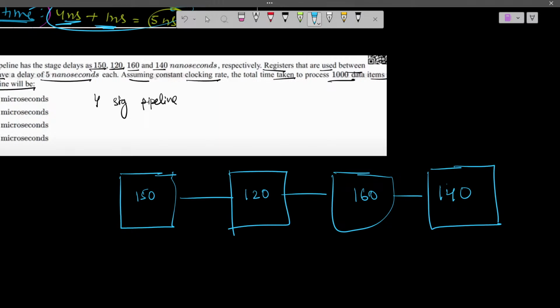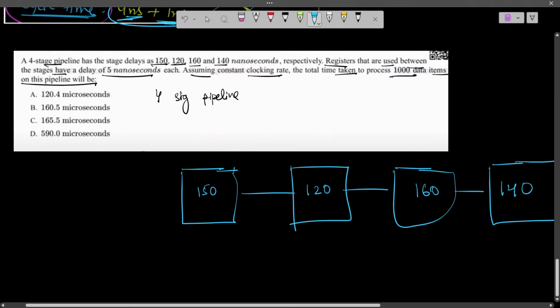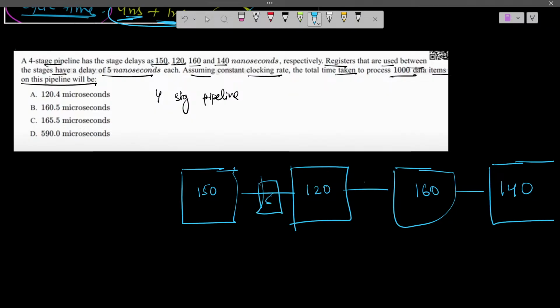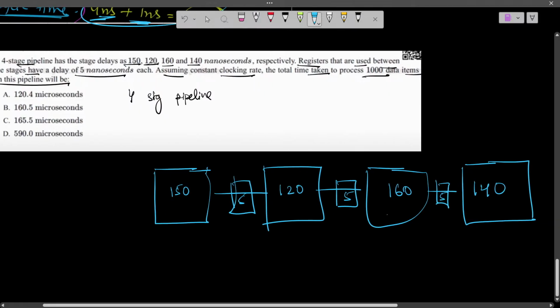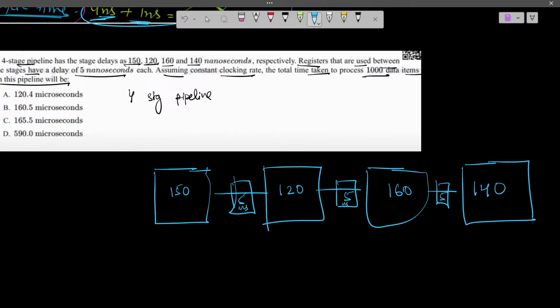Registers that are used between the stages have overheads of 5, 5, 5. All of them have a 5 nanosecond delay.